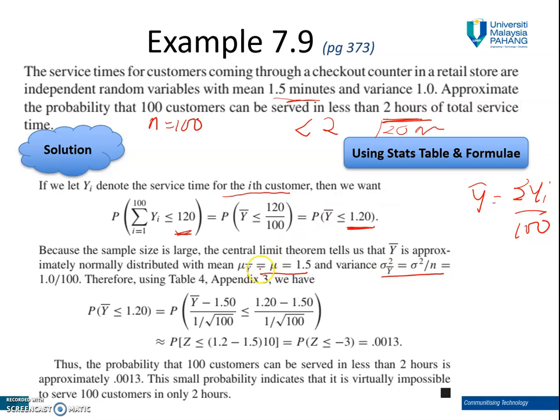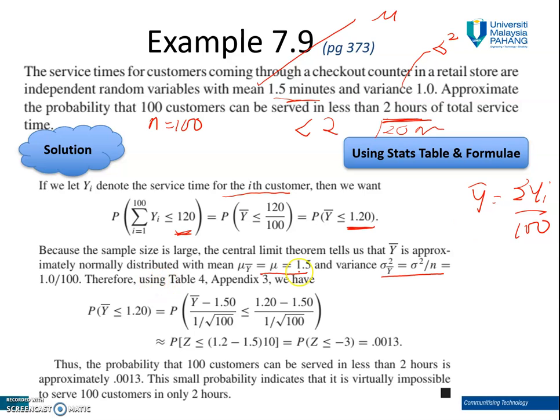From the previous theorem, you have done this before as well. When we have Y bar, the mean will be mu as well, but the variance for Y bar will be sigma square over n. Because we know sigma square and mu, we can use this information.